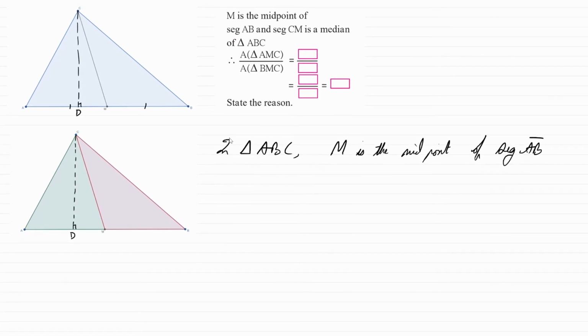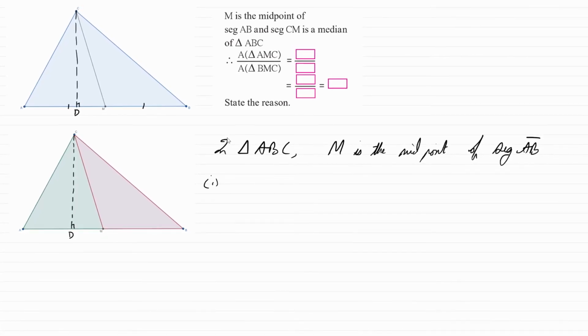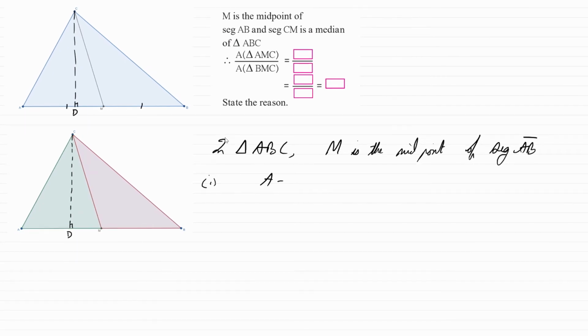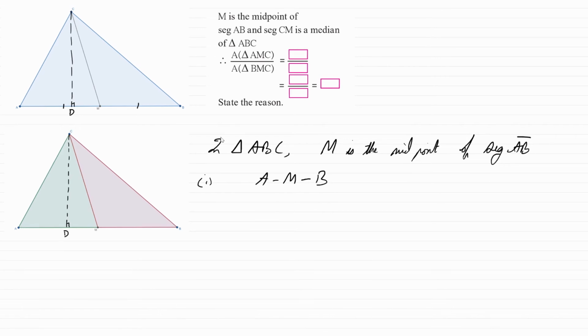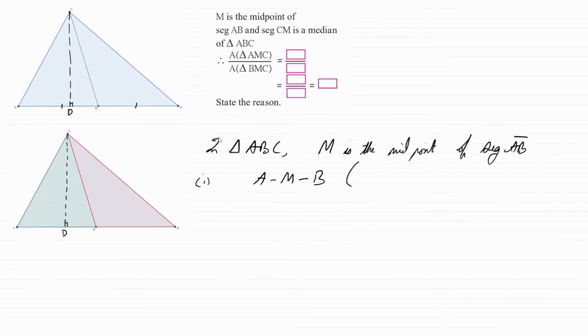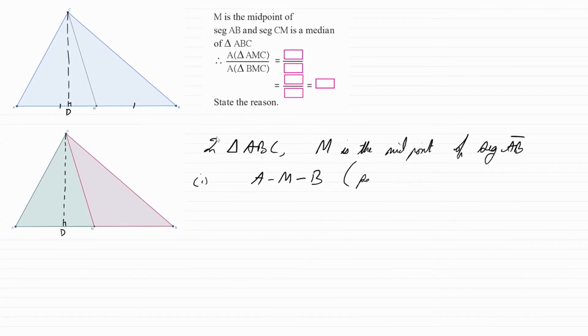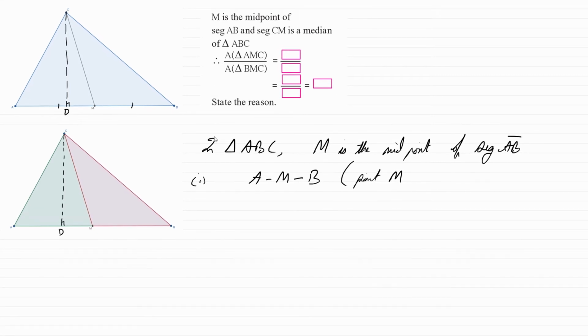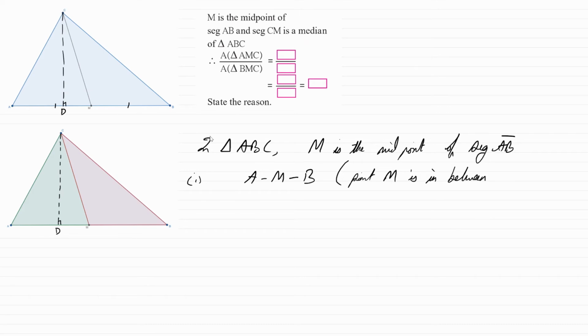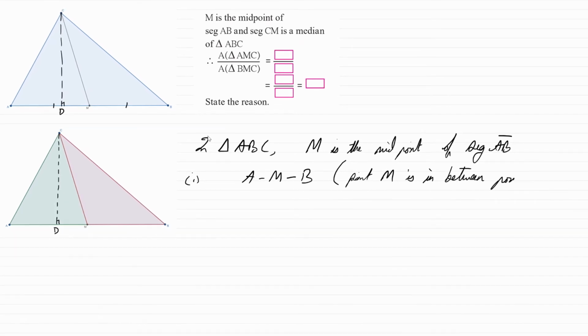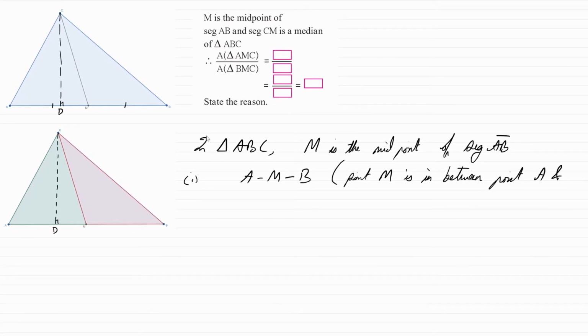Now what does this mean? Okay, the first thing it means is you have something called A, M, B. Okay, the point M is in between point A and B. This is the first thing.